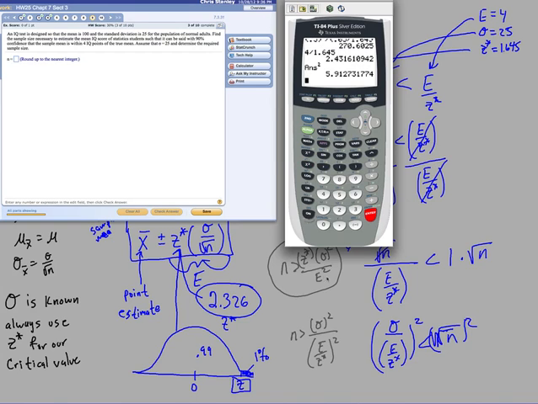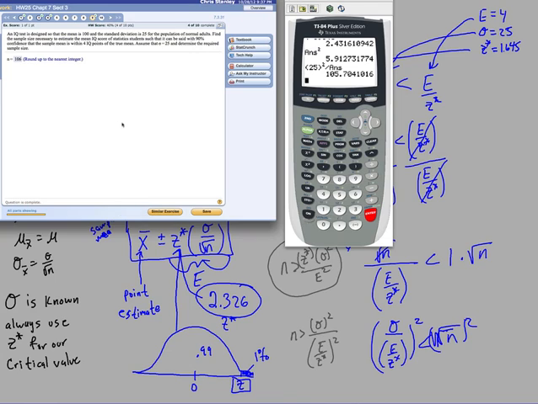Now I have this standard deviation here, which is 25 squared, which I believe is 625, or 25 squared divided by this number down here. Second answer: 105.7, so let's try 106. Alright, see? That's it.